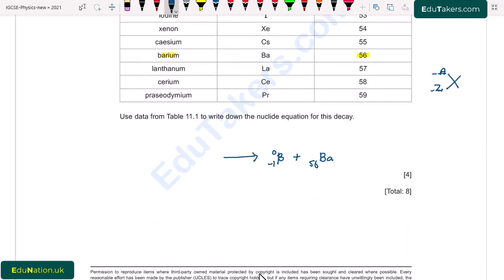I write here 135. We don't know which element is present on the reactant side. So first of all we check the total atomic number and nucleon number on the product side.